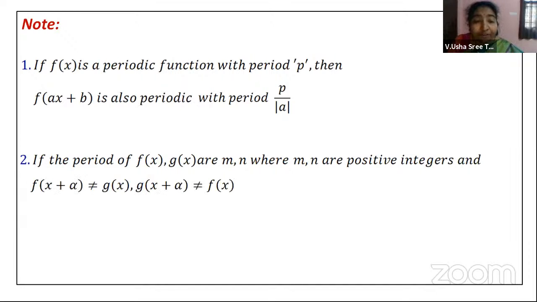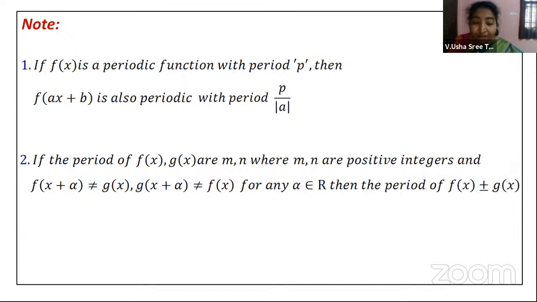F of x plus alpha is not equal to g of x, and at the same time, g of x plus alpha is not equal to f of x, for any alpha belonging to R. Then the period of f of x plus or minus g of x, or f of x by g of x, is k. And how is that k calculated? By taking the LCM of m and n.